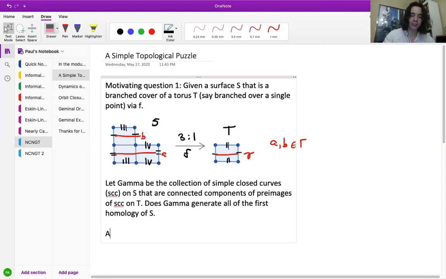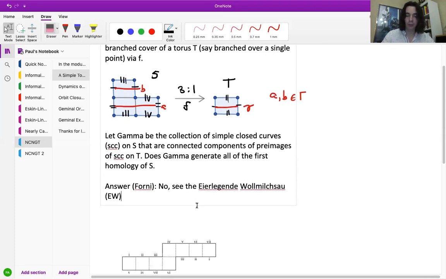Okay, so the answer to this question, the version I'm going to present, is due to Forni, and the answer is no. And the example that we look at is called the eierlegende Wollmilchsau. And for ease of writing, I'm going to call this just EW for the rest of the talk.